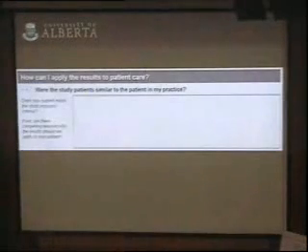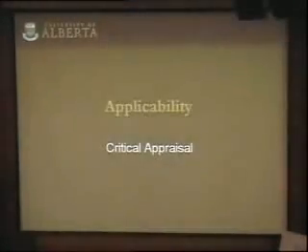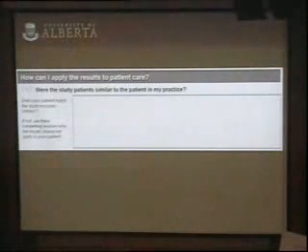So we're going to go through the applicability, the last page now. Does a patient here at your hospital match the inclusion criteria of the study? So if you go back to the very beginning of the study, these were patients from across Europe who have childhood leukemia, who needed treatment.